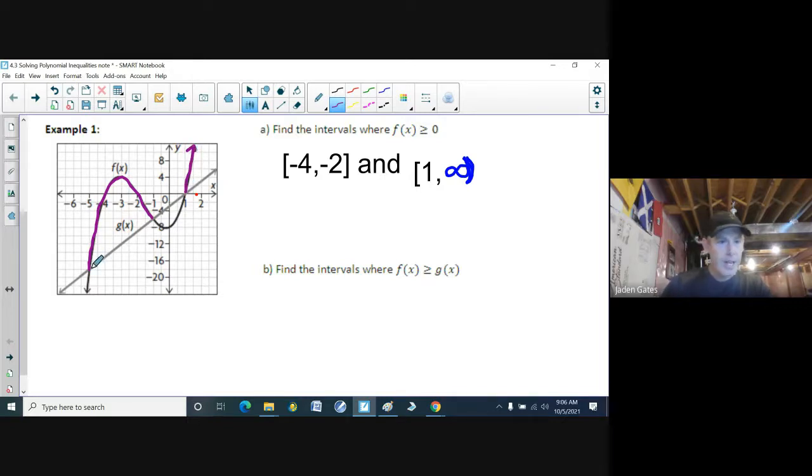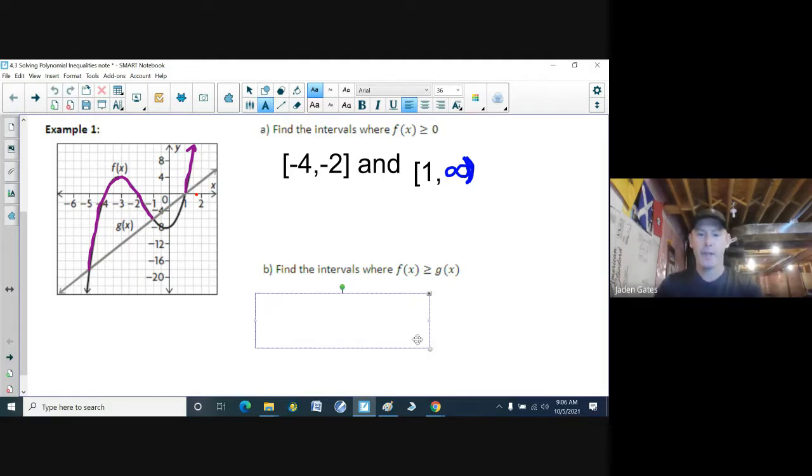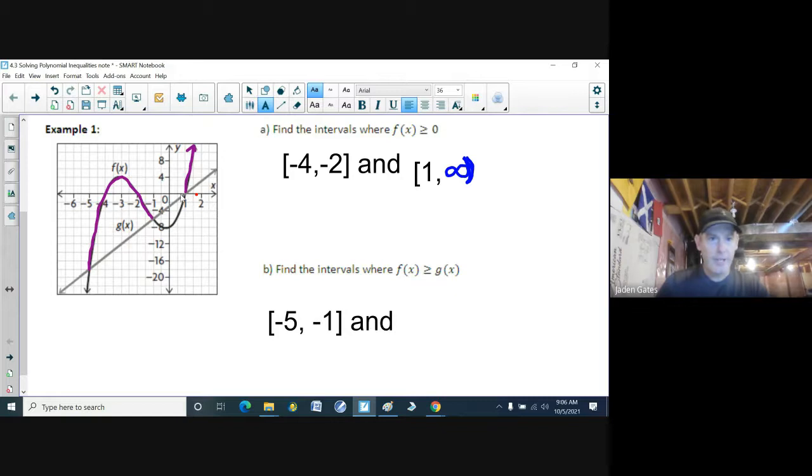So in this case, the first chunk, it looks like we're going to have two intervals, and it says again equal to. So they intersect, I would say, at x equals -5. So again, equal to. So I got -5 all the way to, let's see, this second spot here, I'm going to say -1. And I believe it goes below g of x again, and then comes back up to the maroon part, and then from 1 to infinity again.